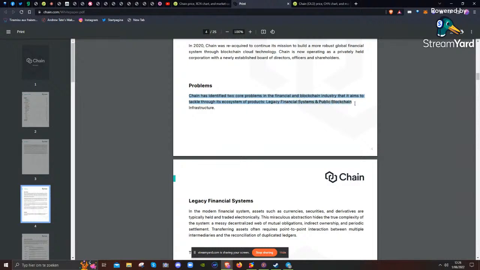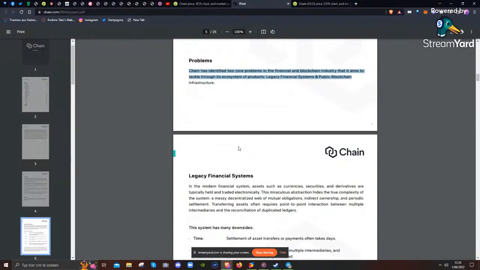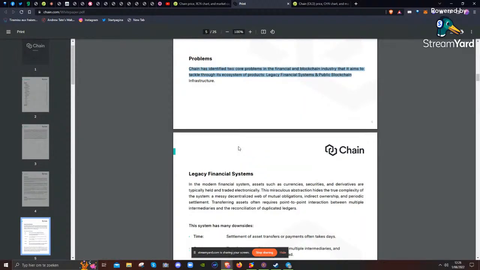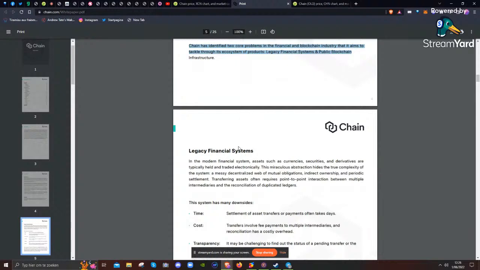Legacy financial systems, and public blockchain infrastructure. Public blockchain infrastructure, and they say it's a core problem. I don't immediately see it as a core problem. However, for companies, I can agree that you want certain information to remain hidden for the public, all having to do with having and maintaining a fair market.